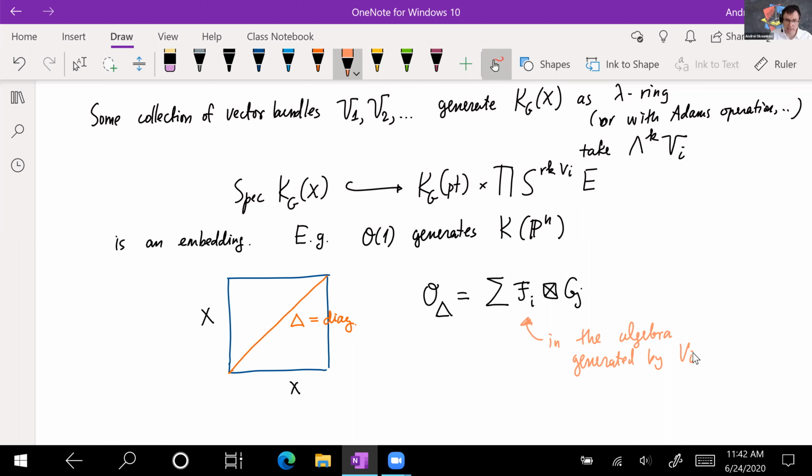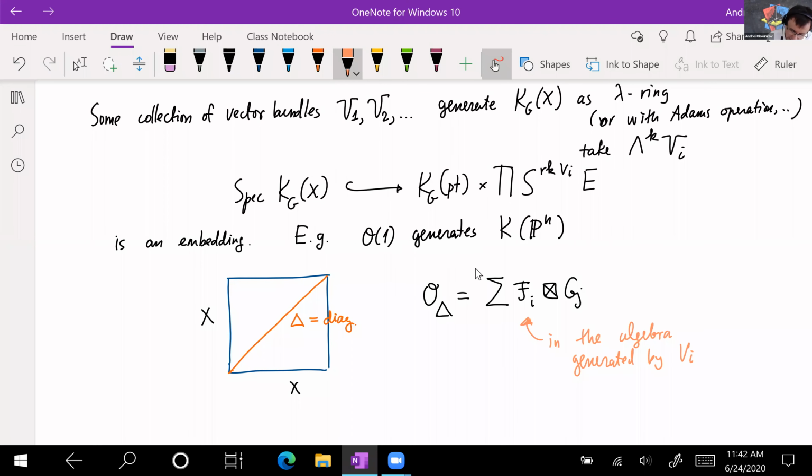If this is the case, then I can think of the diagonal as a correspondence on X cross X. I pull back to the product, cross with the diagonal, and push forward. Of course, since it's the diagonal, every K-theory class goes back to itself under this operation.